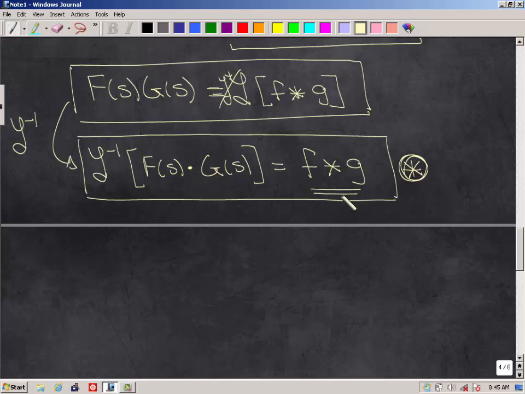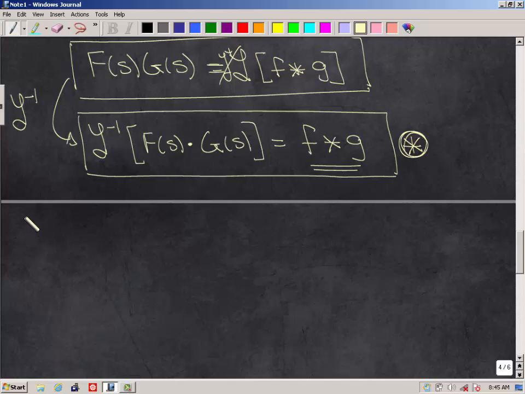Okay, so let me write one important note. Actually, I'll write two notes. One, from this here, I can rewrite this, because what's another notation for big F?